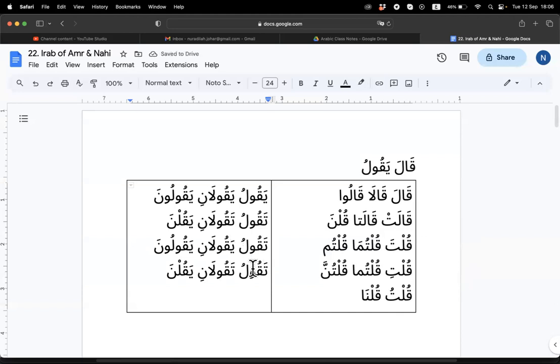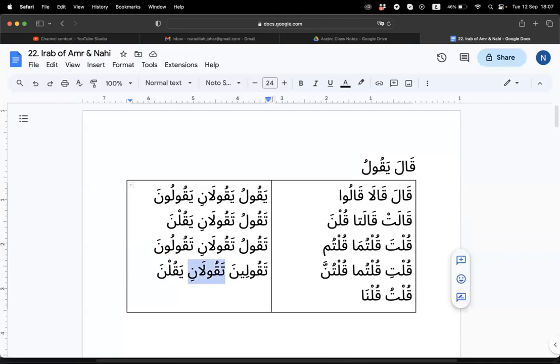And then antuma, taqulani. Antum, yaquluna. Does antum start from ya or ta? Ta. Taquluna. And then anti: yansuru, yansuruna, tansuru, tansuroni, taqulina.